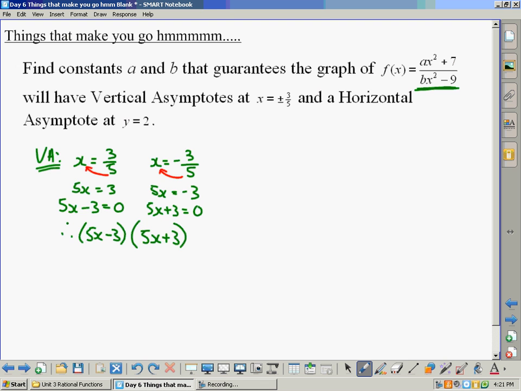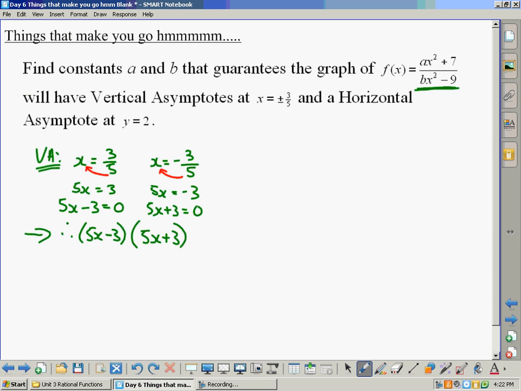What would b have to be in order to factor into these two factors? I can see the 9 got factored into a minus 3 and a plus 3. So b would obviously have to be 25.